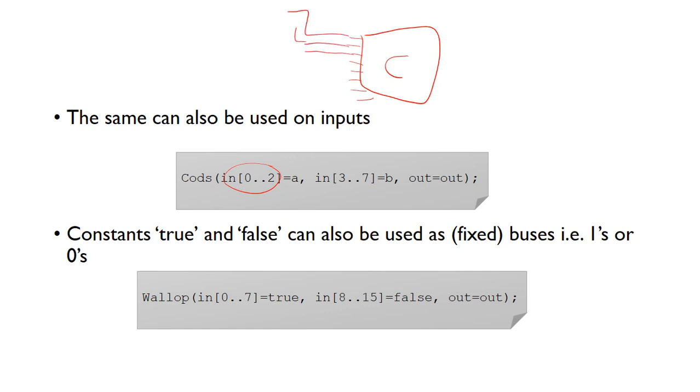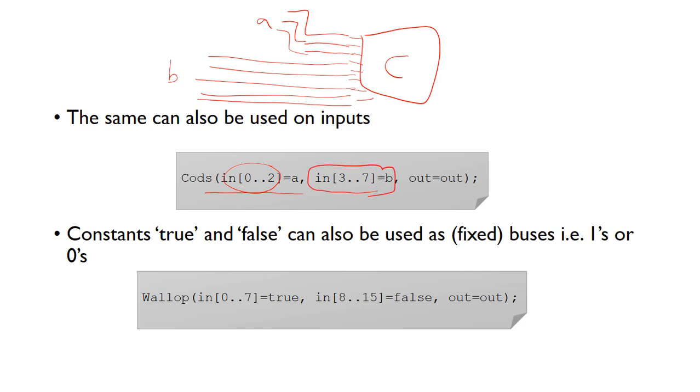Then we could say those 3 are A, just by specifying it like this. Bits 3 to 7 will be connected to B. So by using this syntax, we can just specify particular bits of a bus.